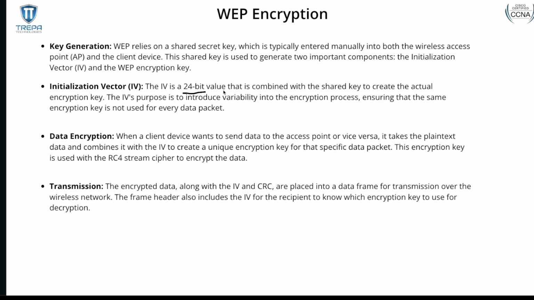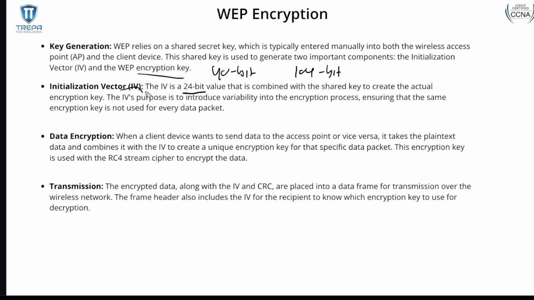So again, if you haven't been through a cybersecurity course, this may sound foreign to you. But what we're talking about here is this stream cipher RC4 that's being used with an initialization vector and that WEP encryption key, okay? So WEP by default uses a 40-bit and a 104-bit encryption key.